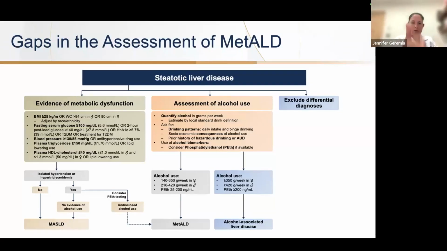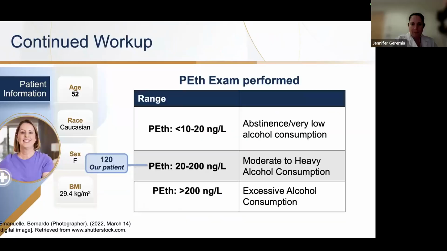So they would otherwise fall into that MetALD category, and more alcohol use liver or alcoholic liver disease is going to be patient reported, very high grams per week, over 350 for males, 420 for females, and a PEth test over 200, like I indicated. So then that's tipping us over into alcohol use disorder. And again, making sure that there's no other causation for a liver disease. So it's just kind of highlighting that.